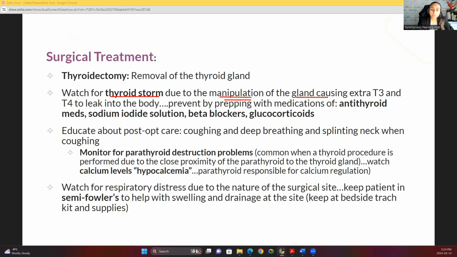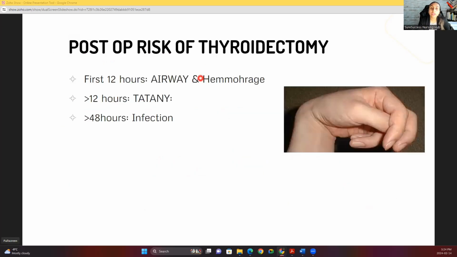And post-operative risk factors, as I told you: airway, hemorrhage. It can happen within the first 12 hours. These are the things I am worried about. And later, I'm worried about whether the parathyroid gland is removed or not. How do I check? Calcium will be super low.